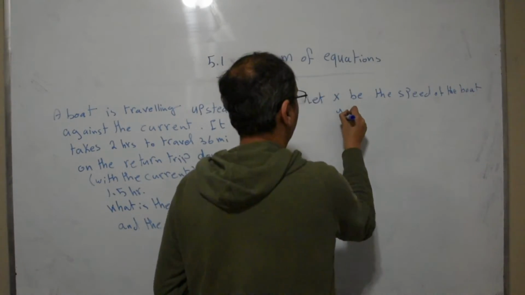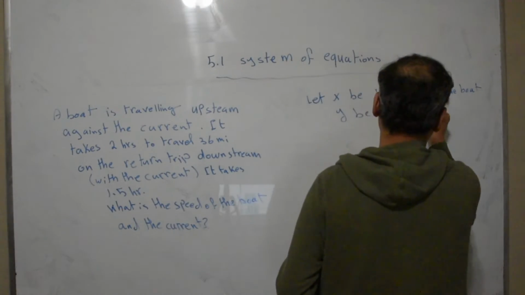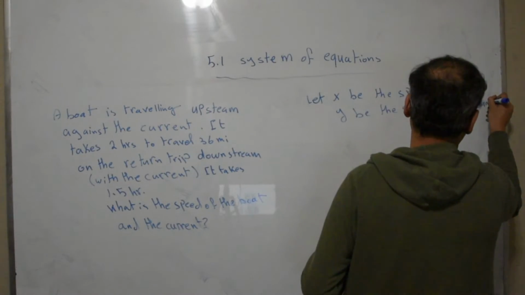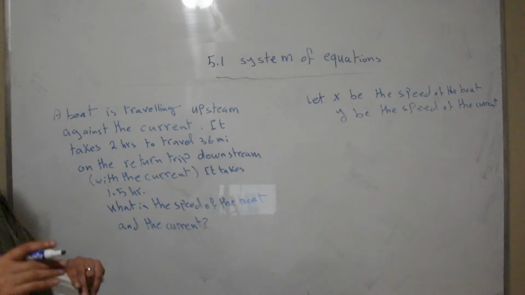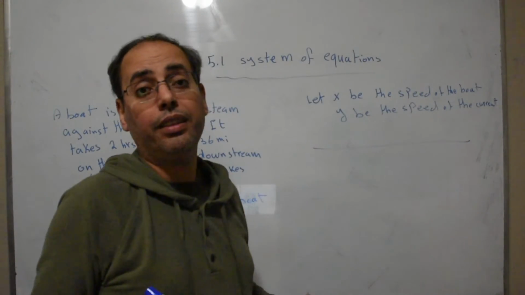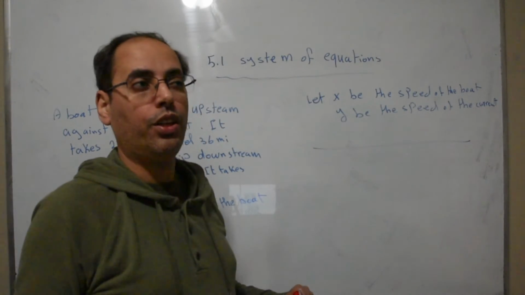Then y be the speed of the current. Okay? Let's do this table. We learned about that before, I think in section 1.3.